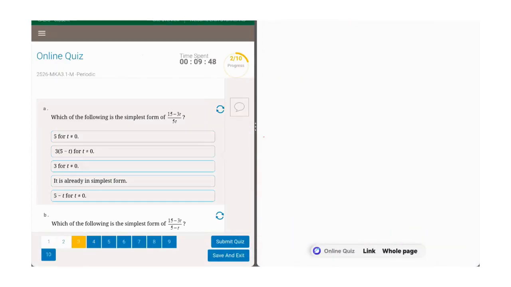For the next question, we have to find the simplest form of 15 minus 3t over 5t. Here in the numerator, we have a variable subtracted from a constant, over a variable.